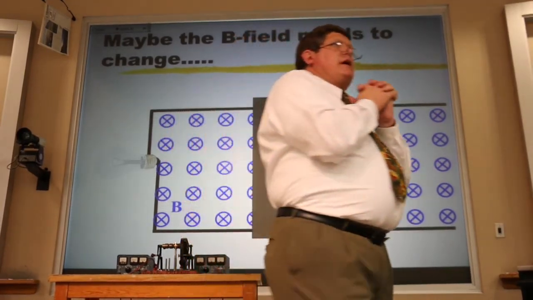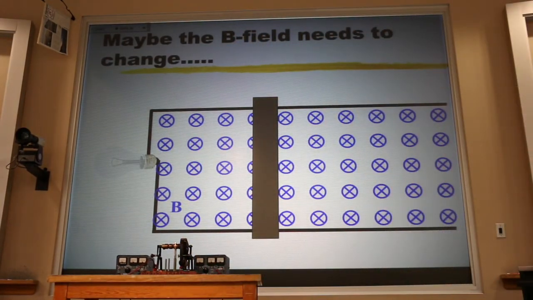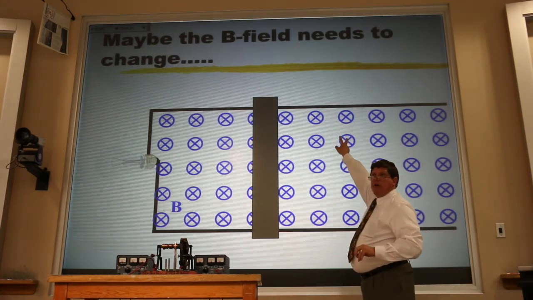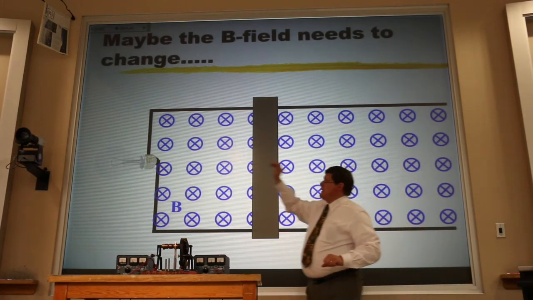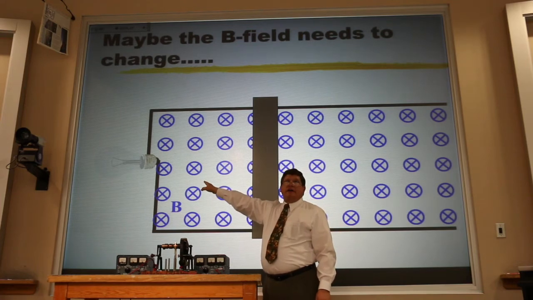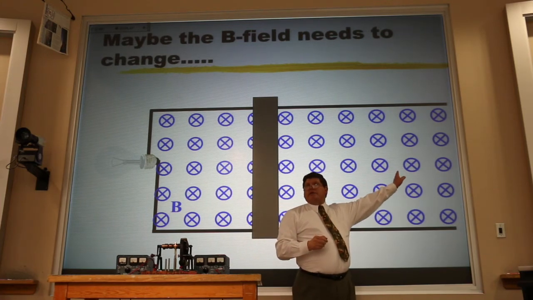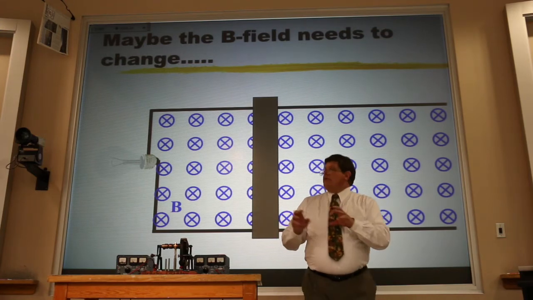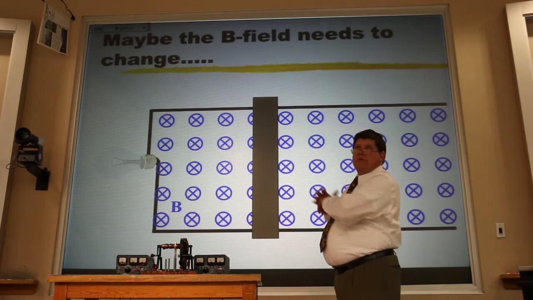What can you tell me about that magnetic field just looking at those magnetic field lines? It's uniform. They're always spaced the same distance apart. That means whatever magnetic field strength I have in Tesla here, I got the same magnetic field strength in Tesla there. You also know the field is pointing away from you.